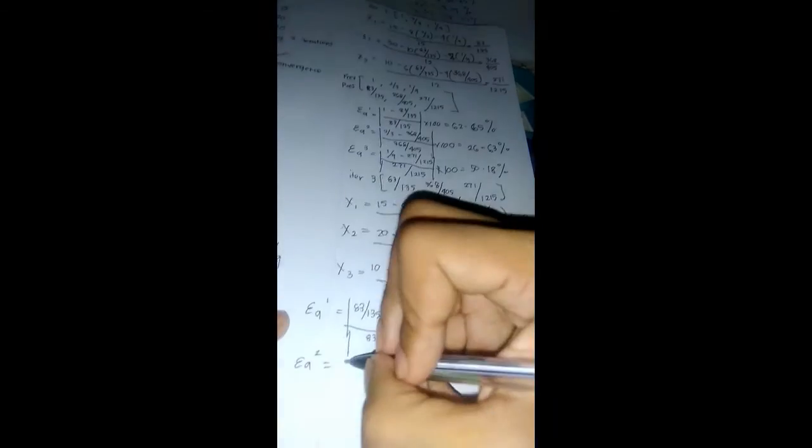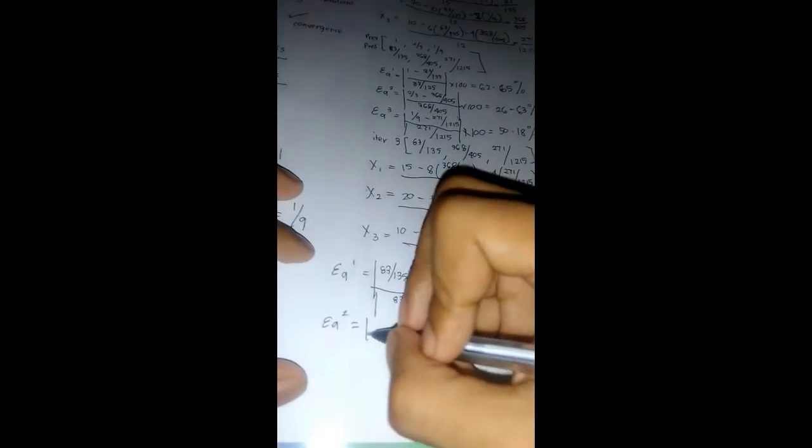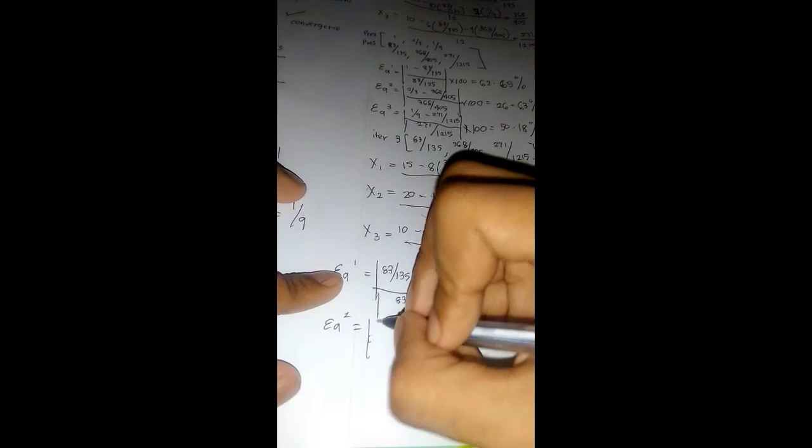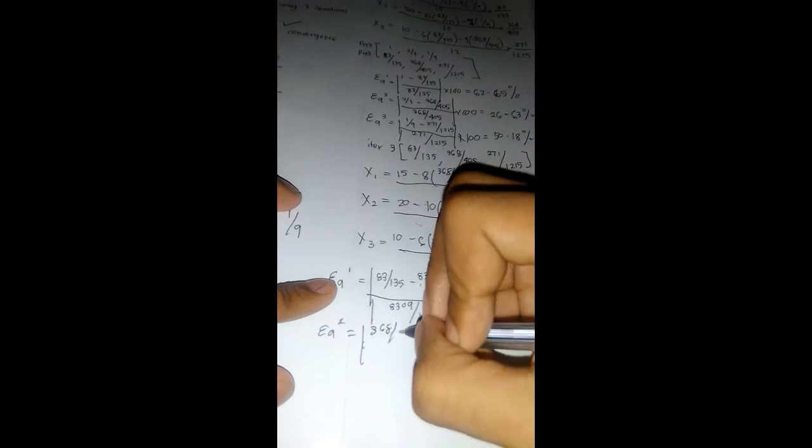And for the second error approximation, we have the value 368 over 405 minus 0.9996 over 0.9996, and negative times 100 is 9.09%.